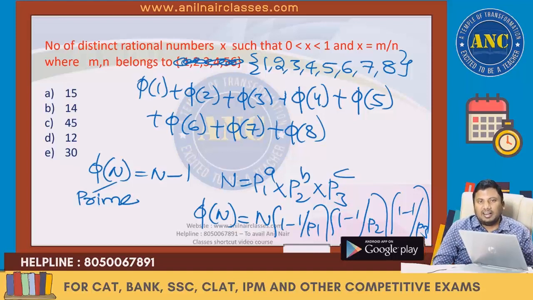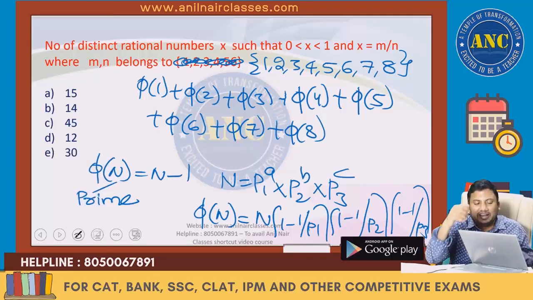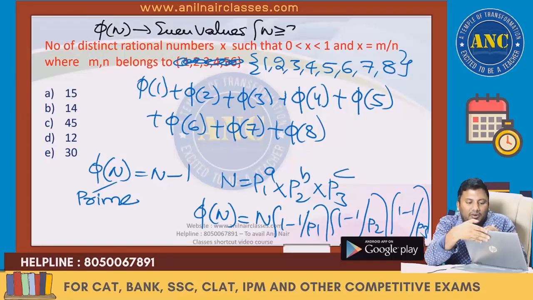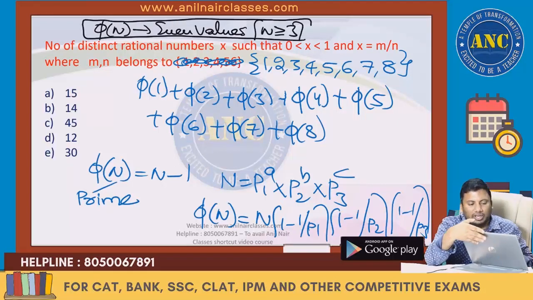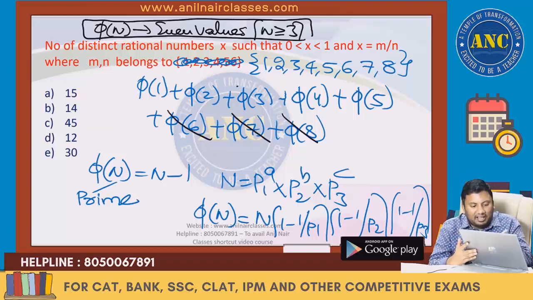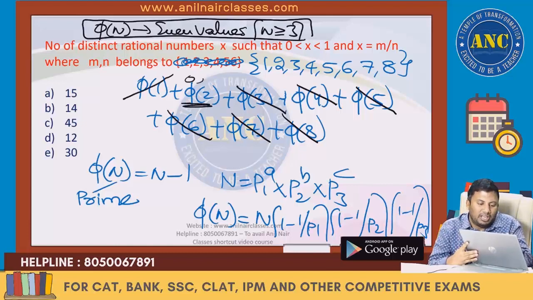You remember, sir, we discussed one small logic. You can use it to eliminate incorrect answer options. Totient of any number n greater than or equal to 3 gives an even value. Totient of 1 is 0, totient of 2 is odd.